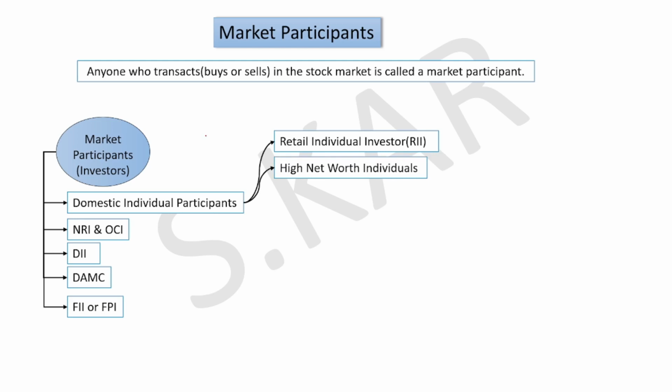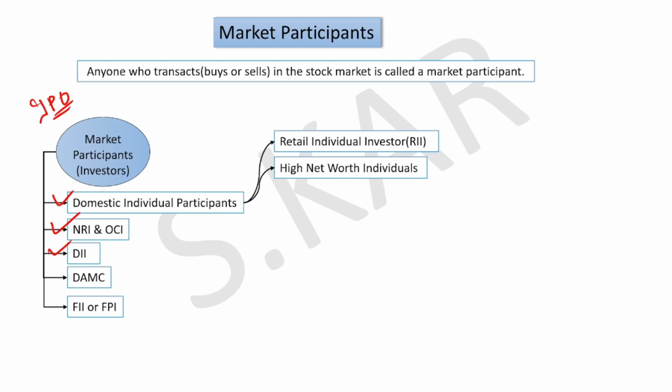You will get to know about these terms mostly when you apply in an IPO. You will get to know, like HNIs have oversubscribed, or HNIs have subscribed this much percentage, RIIs have subscribed to this much percentage. You will get to know about these terms during IPOs a lot.